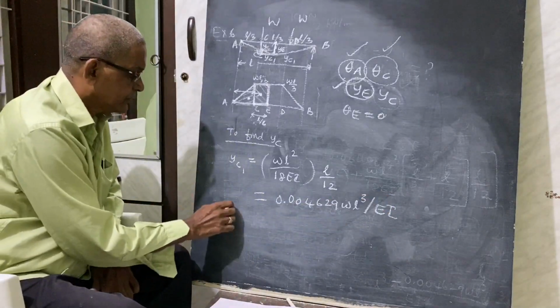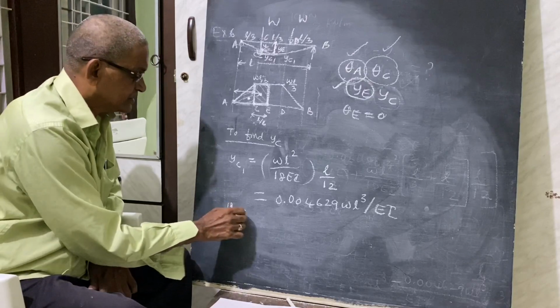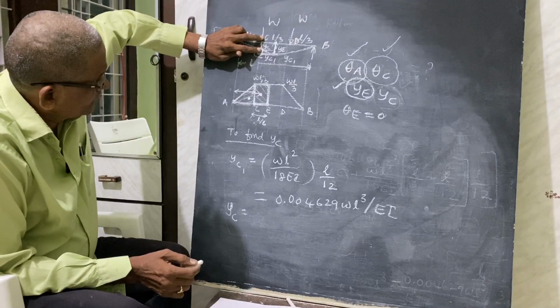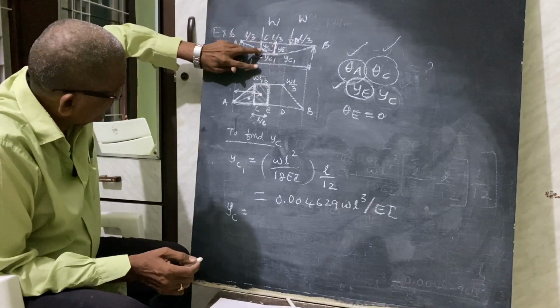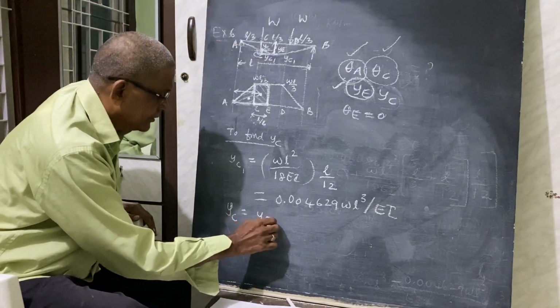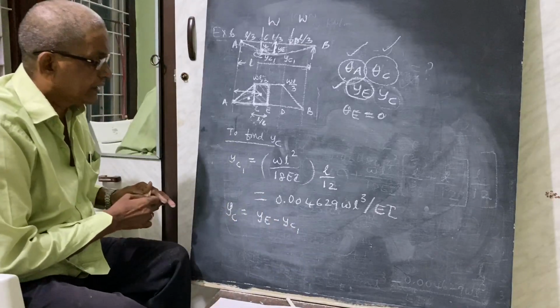Now we want YC. YC is equal to YE minus YC1. And what is YE?